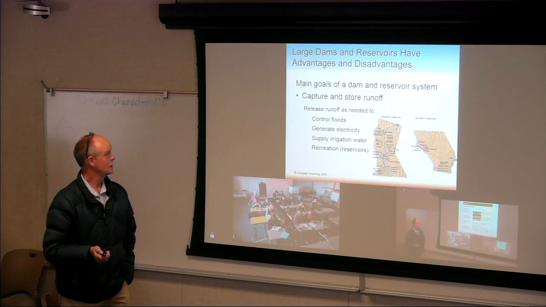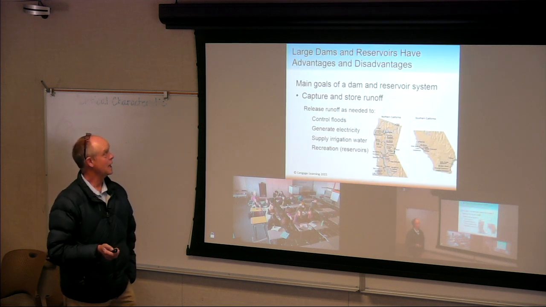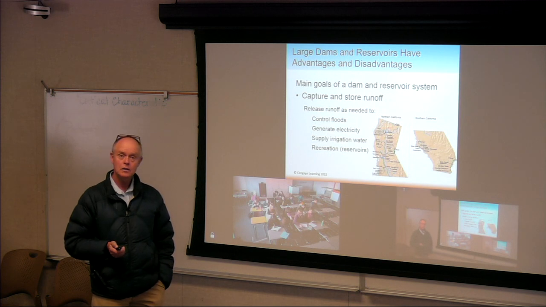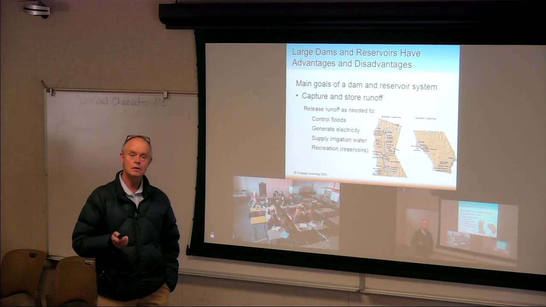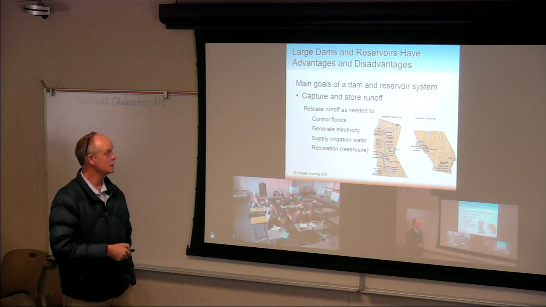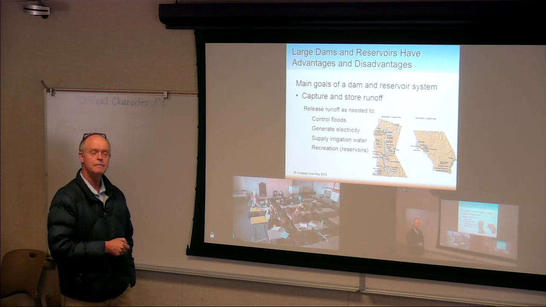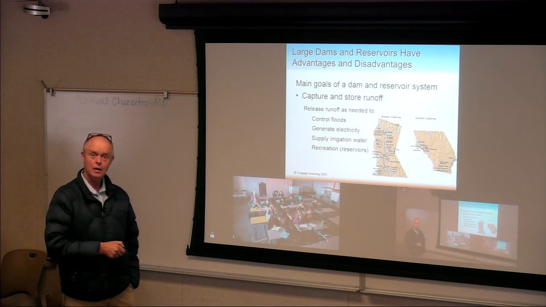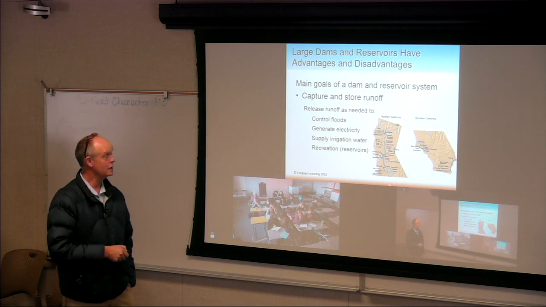So, all right. Large dams and reservoirs are a great way to save our water, but they have issues. One of the issues is we've built on every stream. There's only one little river, the Kaweah, in central California that hasn't been dammed. Everything else has several dams on it.